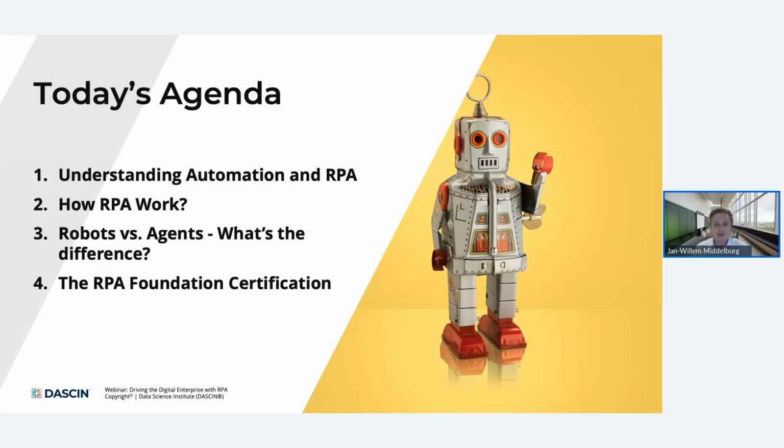So we're going to see how that differs from traditional automation and what some of the key characteristics of agentic automation are. And last but not least, I'm going to end with a brief explanation of the RPA Foundation certification, what it is, and how you can learn more about any of the topics that we're covering today. So I have a very full program for discussion.